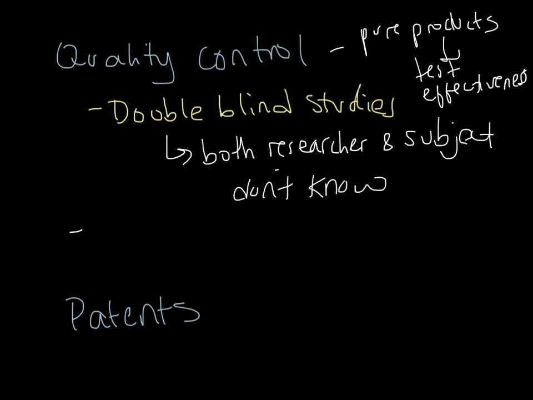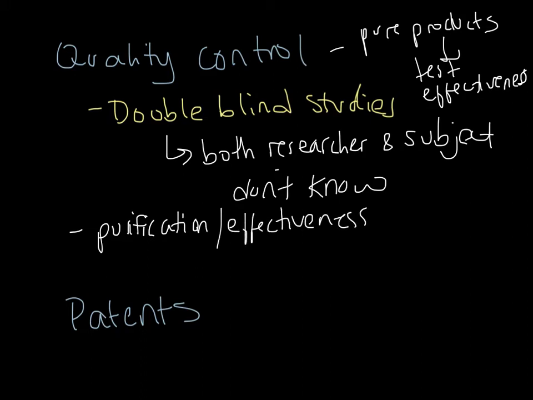Also related to quality control, we're looking at purification and effectiveness, which is also regulated by the government. Which brings us to the last topic, which would be patents. So patents can really impact development of something.